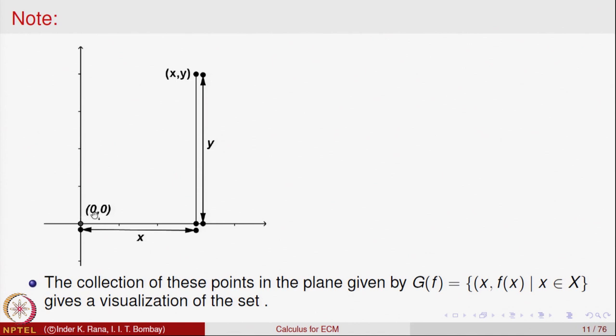So, R2 is given a geometric representation as points in the plane via the x axis and y axis, and the collection of these points gives the graph of a function. If you locate all these ordered pairs, that gives a visualization of the graph of the function. So, we will continue in the next lecture.